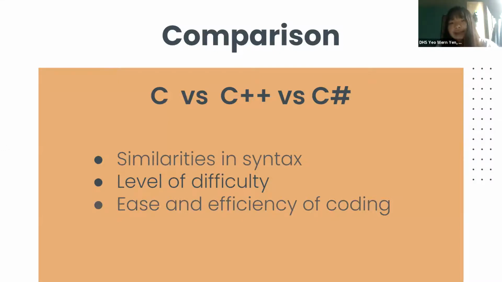In C and C++, there's this important concept known as memory allocation when you code. And in C and C++, you have to do that manually to tell the computer where you want to store pieces of information and such. But in C#, it's all done for you automatically. I know right now it sounds like C# is clearly the superior language, considering that it's easier in so many aspects.